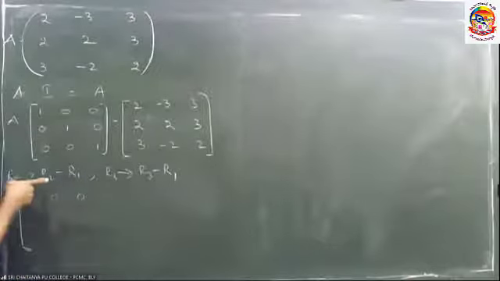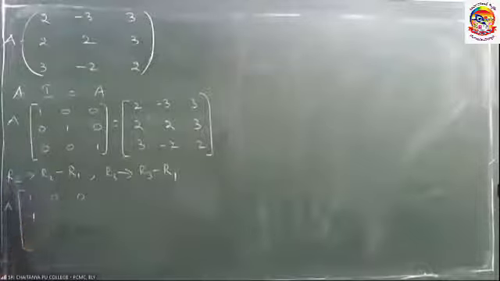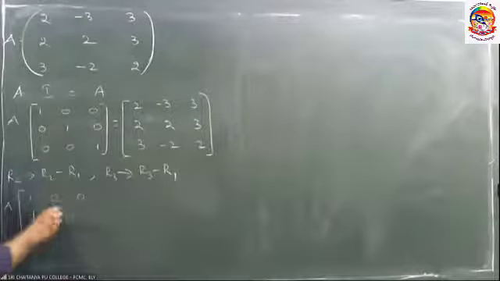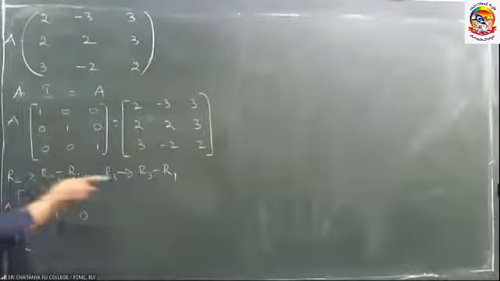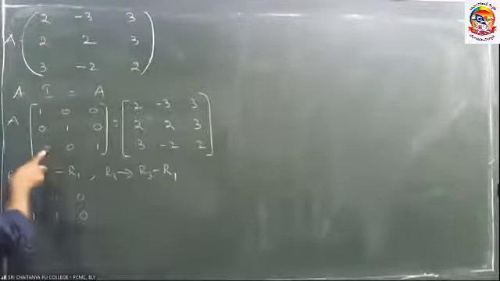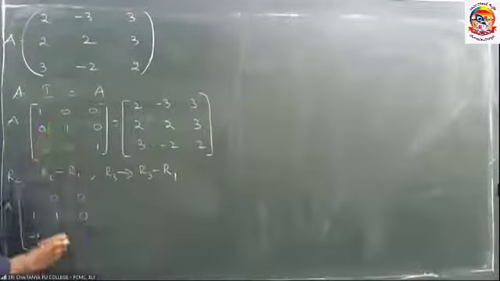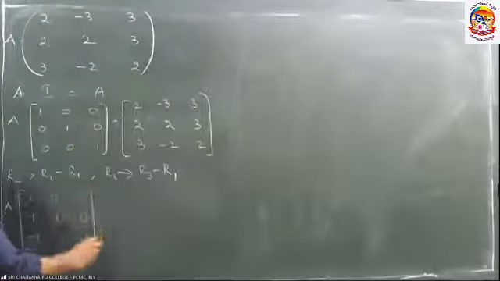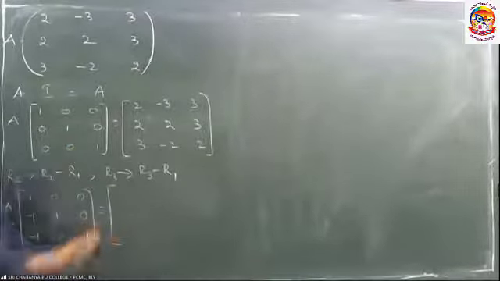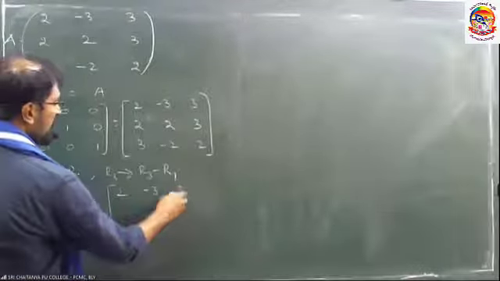R2 changes to R2 minus R1: 0 minus 1, minus 1, 1 minus 0, 1, 0 minus 0, 0. And R3 changes to R3 minus R1: 0 minus 1, minus 1, 0 minus 0, 0, 1 minus 0, 1, is equal to, now 2 minus 3, 3 again.